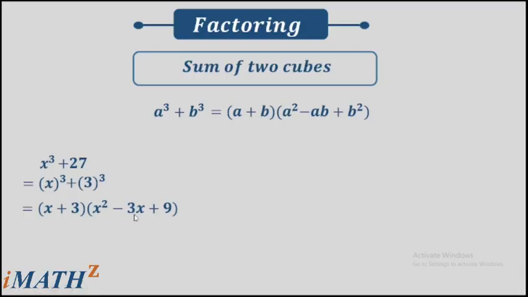This is minus 3x, which is the same as minus ab, plus b squared, which is 9, which comes from squaring 3. So that's how a sum of 2 cubes works. Again, all we had to do here was identify that a is equal to x and b is equal to 3, and then we plugged x and 3 into that equation.